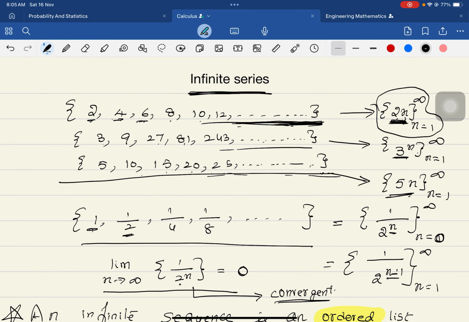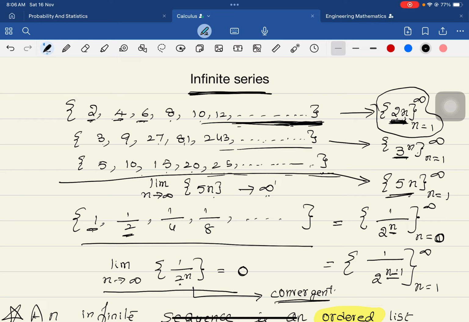Now see the real line. As n is going to infinity, this particular sequence 5n is also going to infinity. It never stops. Are you able to find a particular number after which this sequence doesn't go?